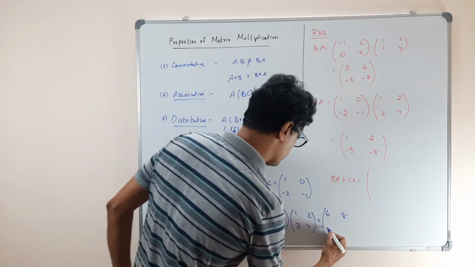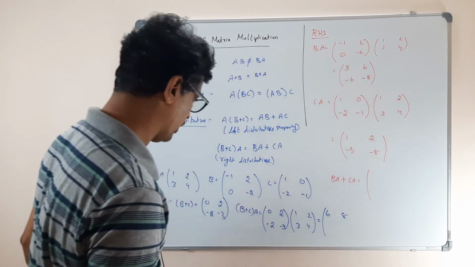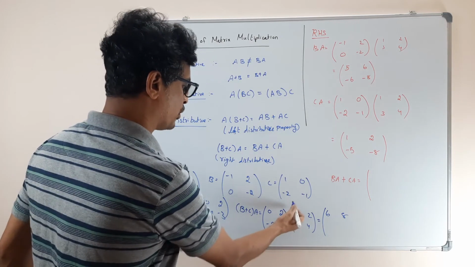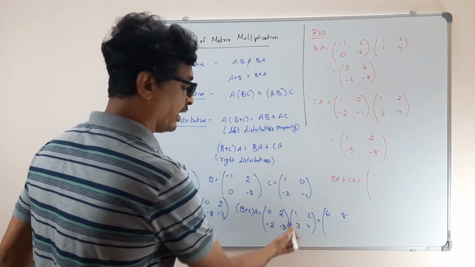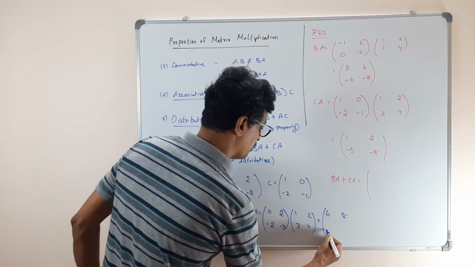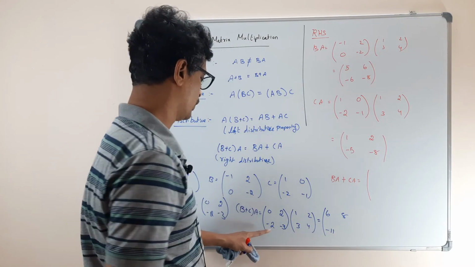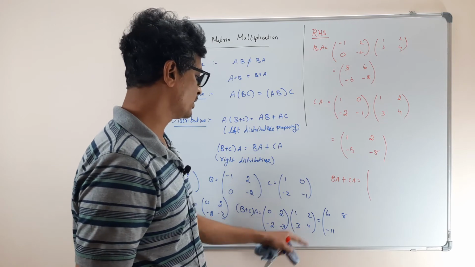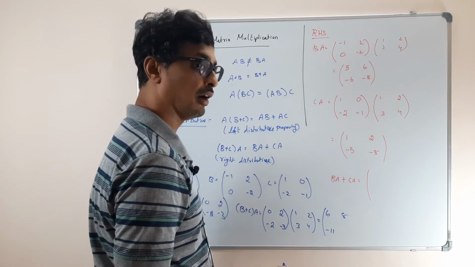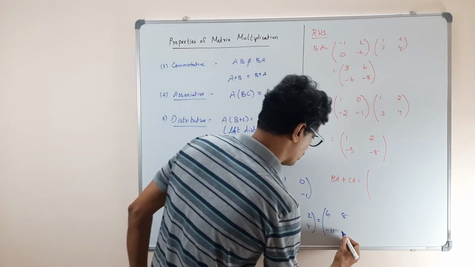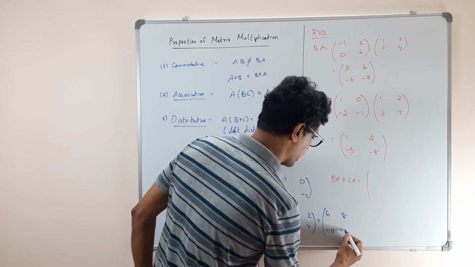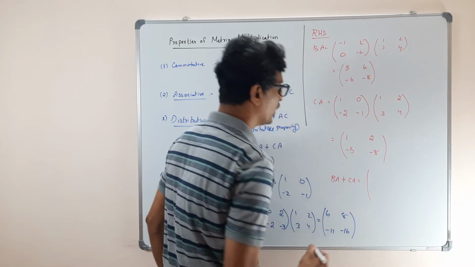Minus 12? Are you sure? Wait. Minus 2, minus 9, minus 11. Yeah. So this will be minus 4, minus 12. Minus 15. Minus 4, minus 12. Minus 16. Yeah. Okay.